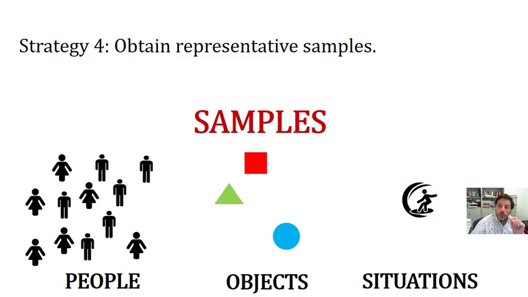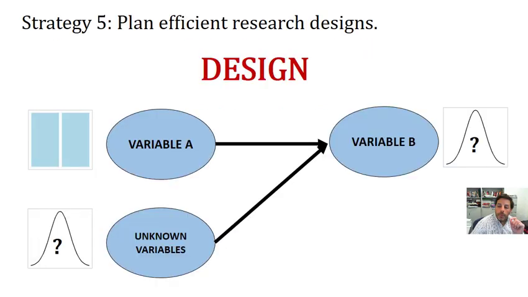Okay, so strategy 5, plan efficient research designs. So we had the model of how variables are related. This is a probabilistic causal model.